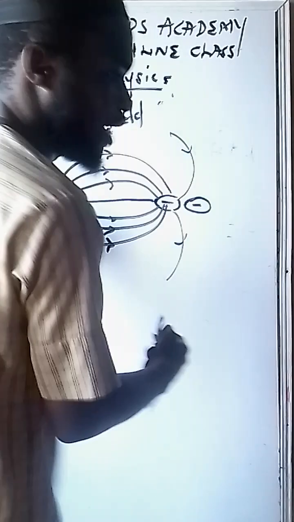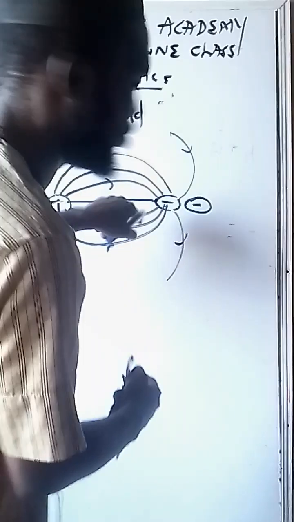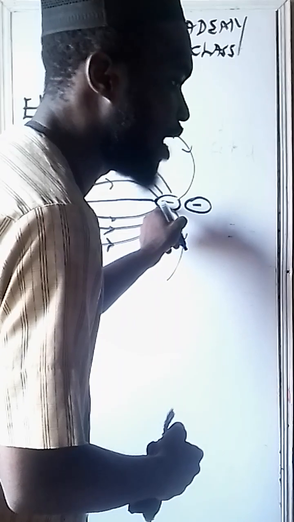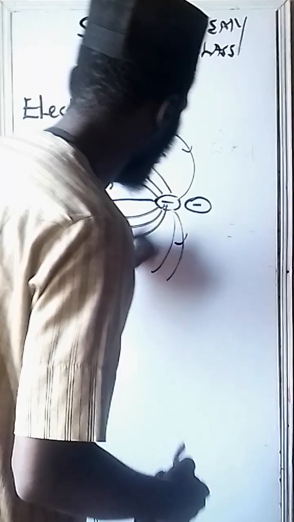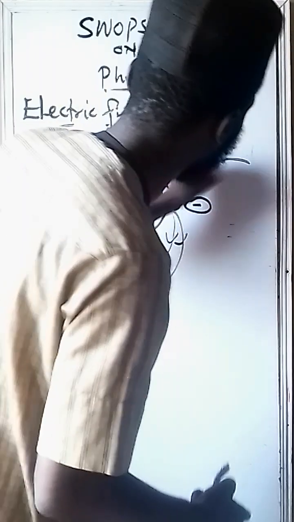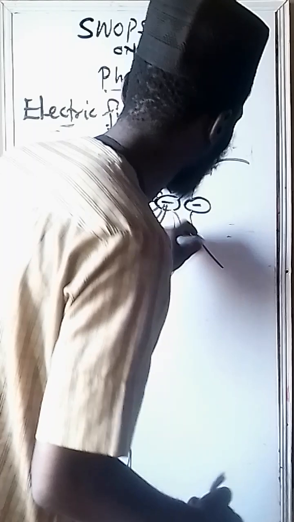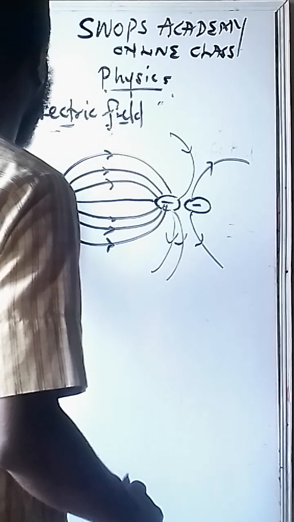The way plus is attracting minus here, minus to minus will never attract one another. They repel. The same thing is applicable to this, they repel. That means they go in opposite directions.